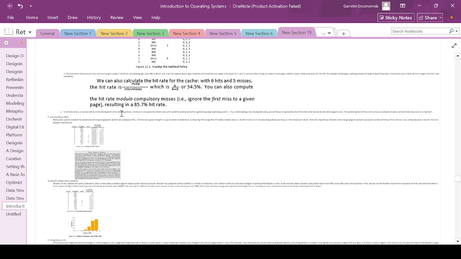Unfortunately, as we saw before in the development of scheduling policies, the future is not generally known. You can't build the optimal policy for a general purpose operating system. Thus, in developing a real deployable policy, we will focus on approaches that find some other way to decide which page to evict.